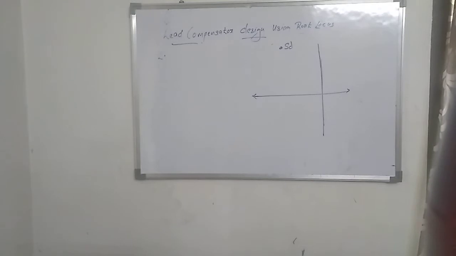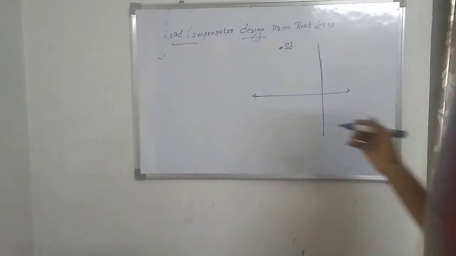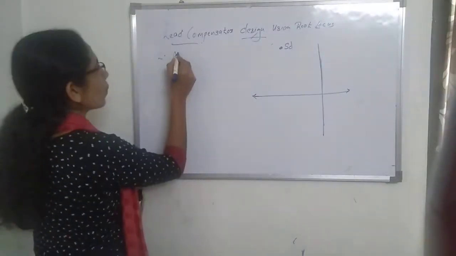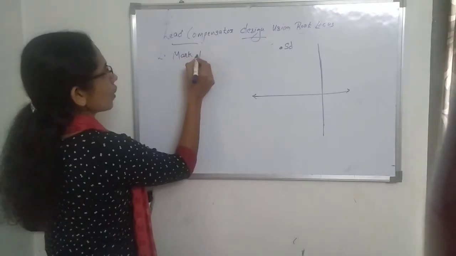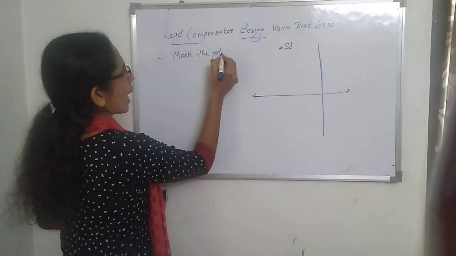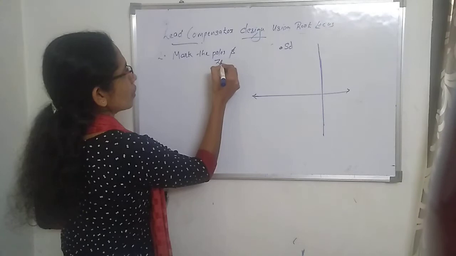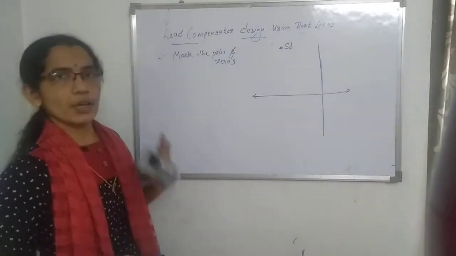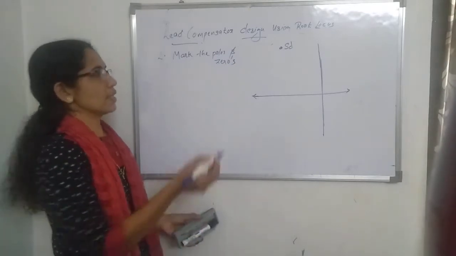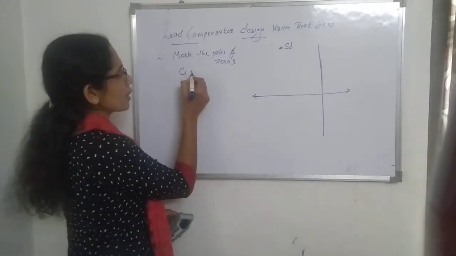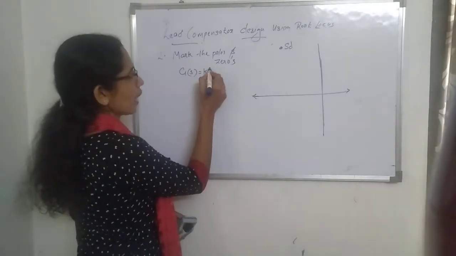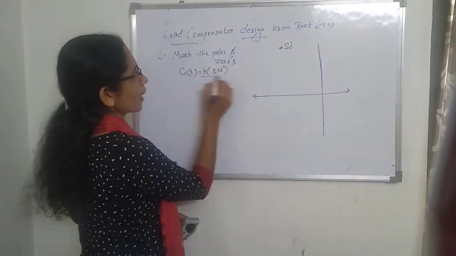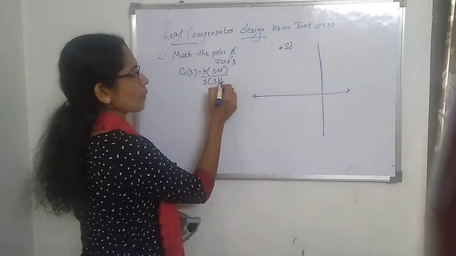Next, the second step is to mark the poles and zeros of the uncompensated system. For example, let the uncompensated system be G of S equal to K into S plus 2 divided by S into S plus 8.